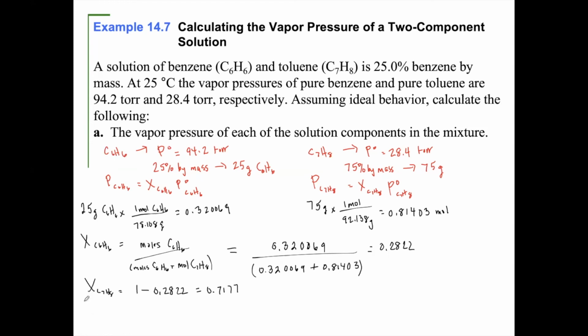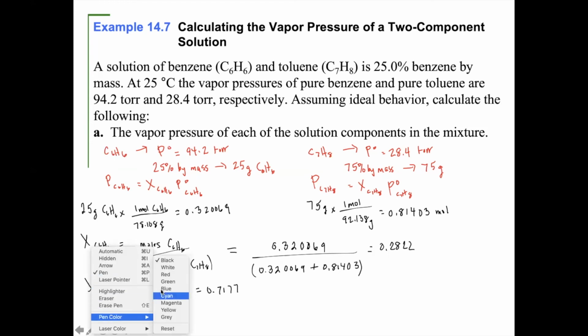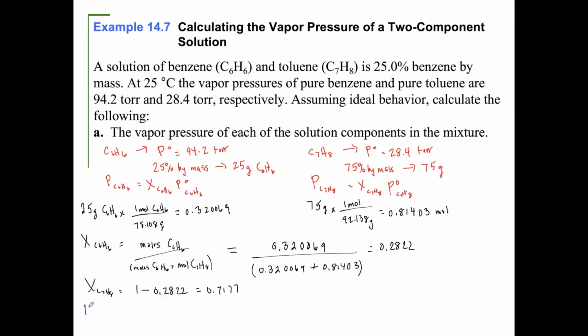Okay. The pressure of the benzene is the mole fraction times the pressure of the pure benzene, which was given to us, 26.6 torr.